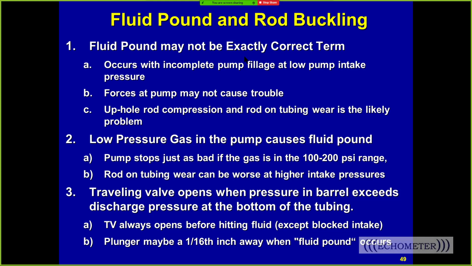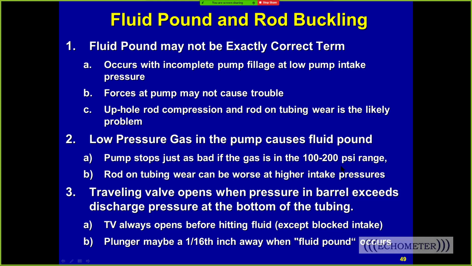When we say fluid pound or rod buckling, fluid pound isn't really the correct term, because the plunger is not really pounding into the fluid. The gas in the pump chamber is being compressed and the plunger is slowing down. It's not pounding fluid that's a problem. It's the uphole conditions where the rods start to buckle and rub on the tubing, trying to compress the gas inside the pump chamber to open the trailing valve.